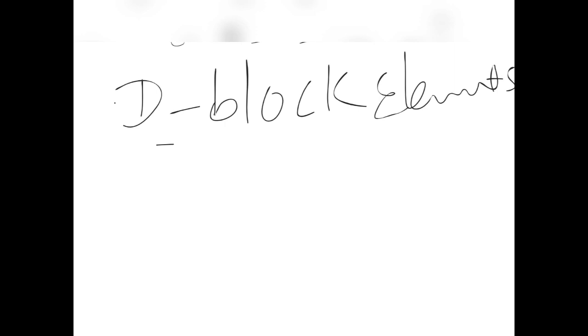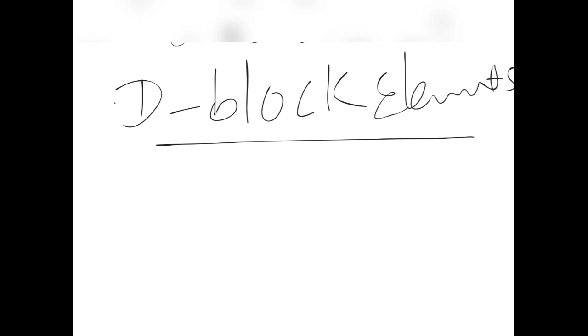D block elements or transition elements are those elements which have an incompletely filled D subshell in their ground state or in any one of their oxidation states.